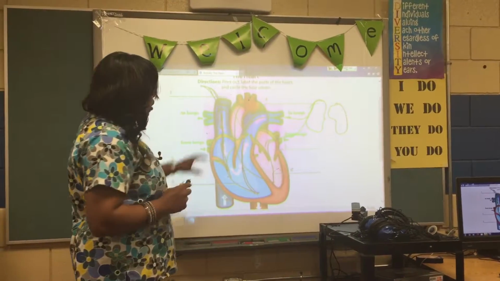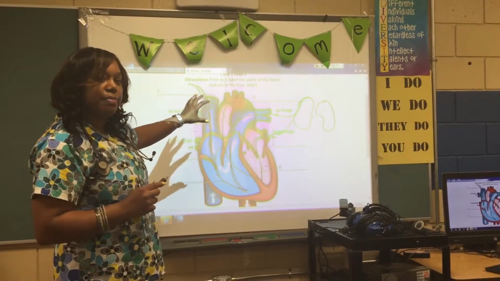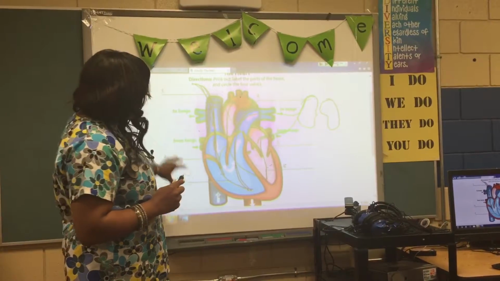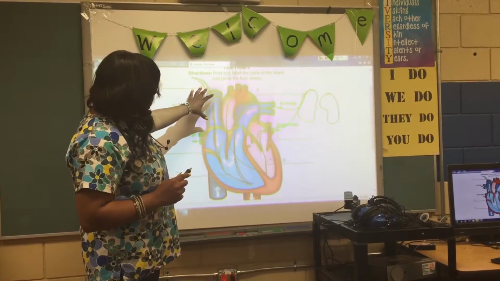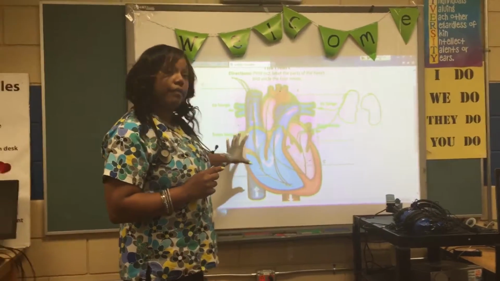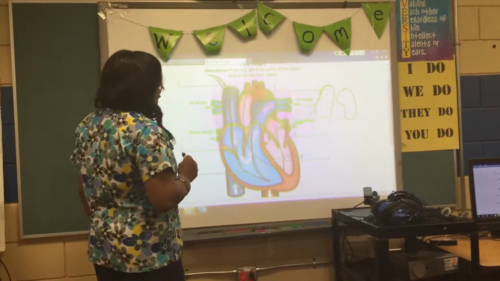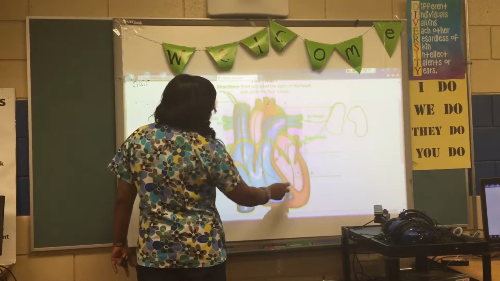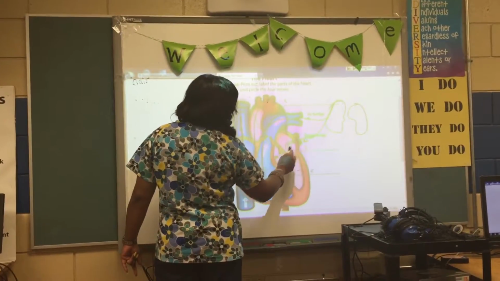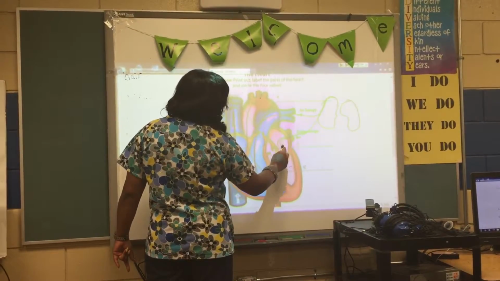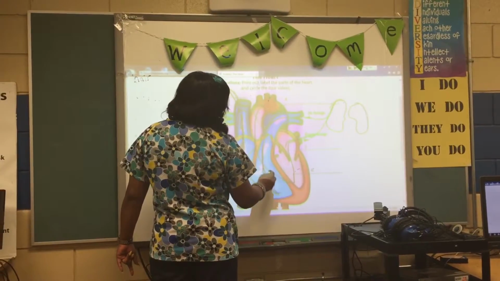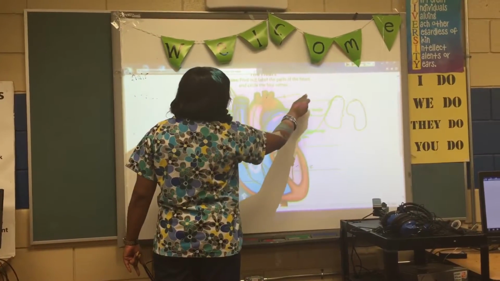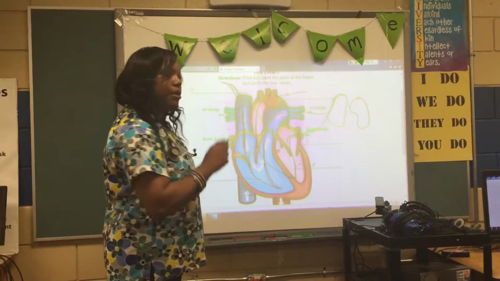Now, let me remind you also that the aorta is one of the biggest arteries. You have your superior vena cava, which is one of the largest veins, and you also have your aorta, which is the largest artery. So that blood comes in from the left side, down to the left atrium, down to the left ventricle, and back out through the aorta and out to the body.